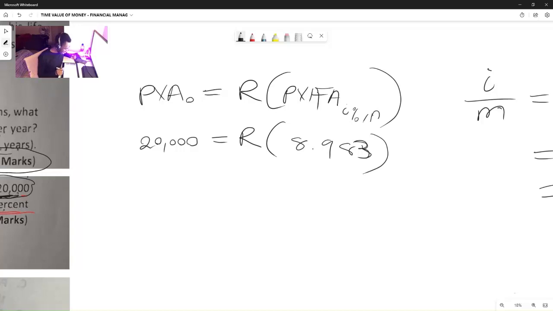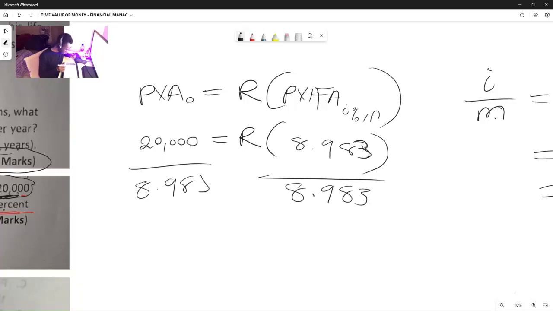So now we need to find what R is. We need to make R the subject of the formula by dividing both sides by 8.983.